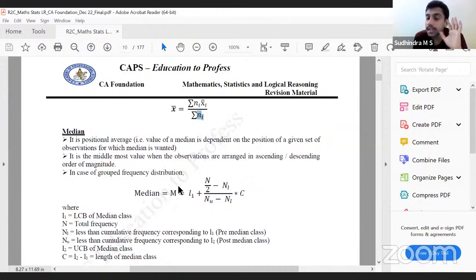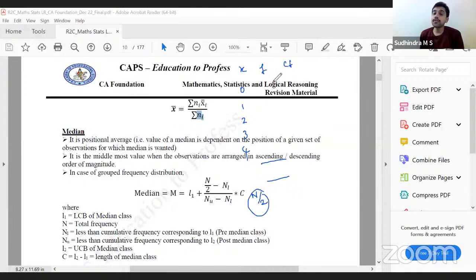In case of discrete observation, it is simple. Discrete data, if we have 0, 1, 2, 3, 4 as the observations, total of the observation, calculate cumulative frequency, total of the observation, n divided by 2, locate where n divided by 2 falls, right?